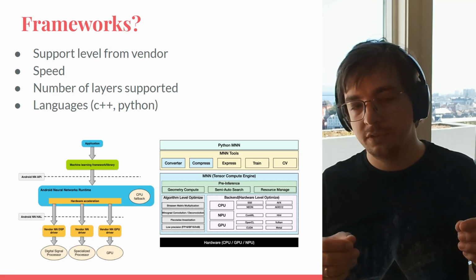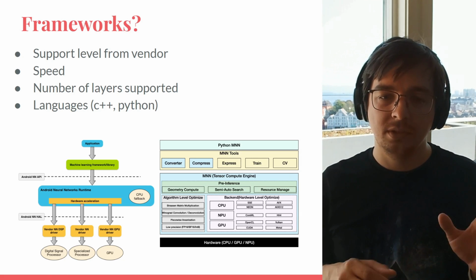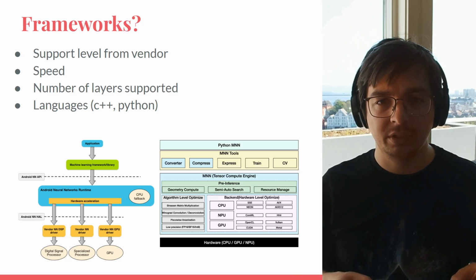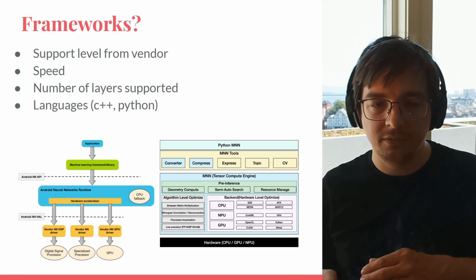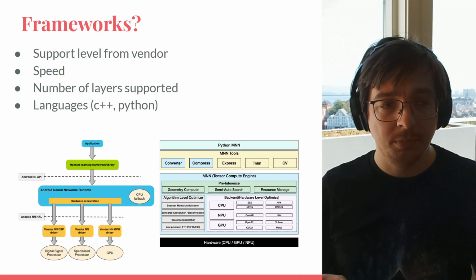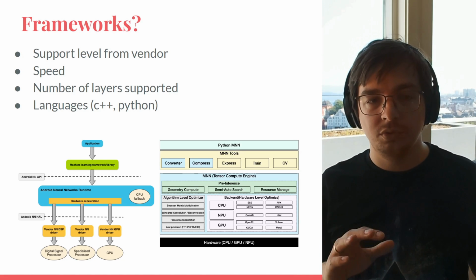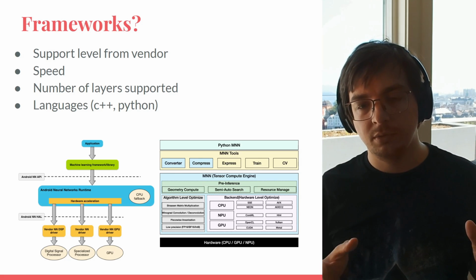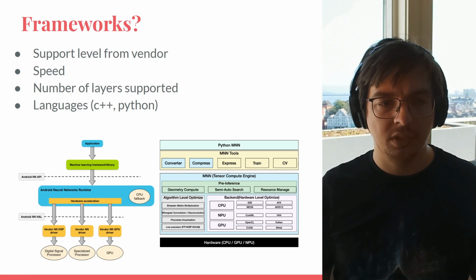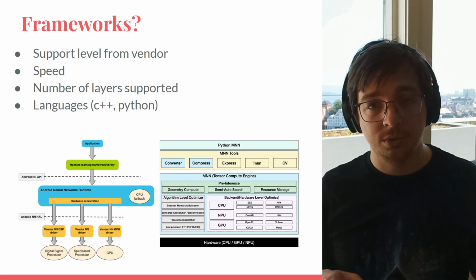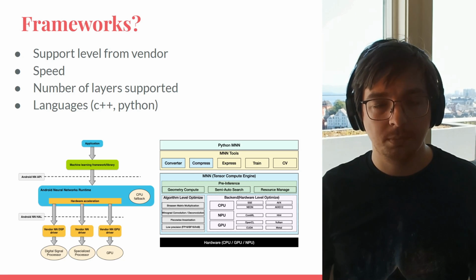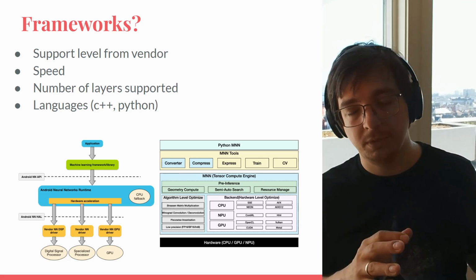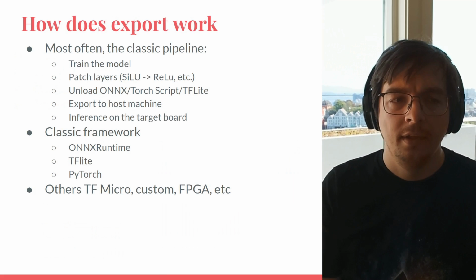Different frameworks give you different speed. There are examples where you can run your neural network with a few different frameworks on the same board, but it will give you different speed. Different frameworks also support different numbers of layers. And for some frameworks, you can run them only through C++, for some others, from both C++ and Python.